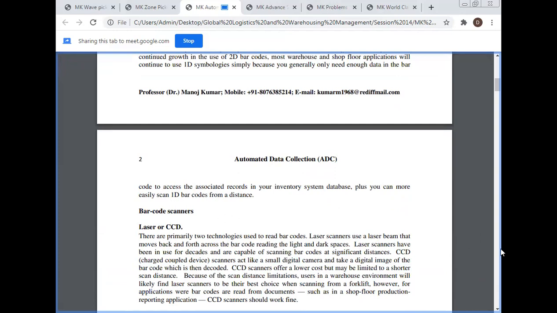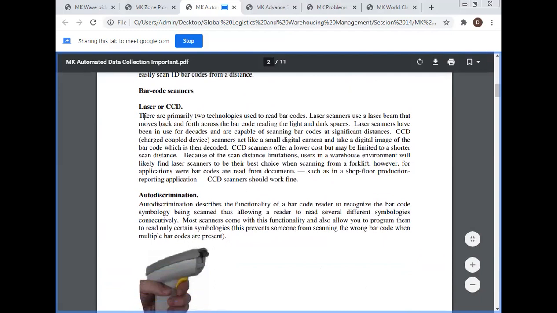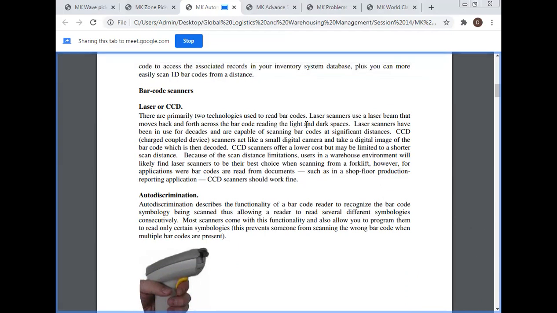Barcode scanners. These are the barcode scanners, laser or CCD. There are primarily two technologies used to read barcodes. Laser scanners use a laser beam that moves back and forth across the barcode, reading the light and the dark spaces.